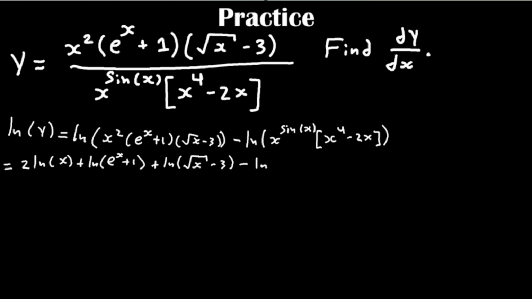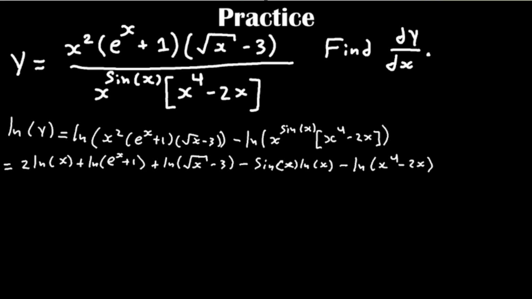We can bring that sine x down, so minus sine x natural log x. And then we still have a minus, because this is all part of this one logarithm, minus the natural log of x to the 4th minus 2x.